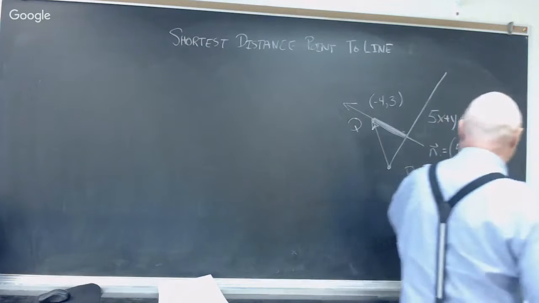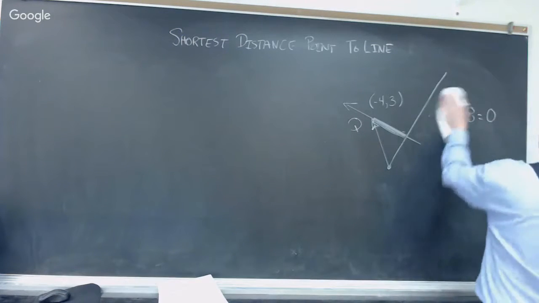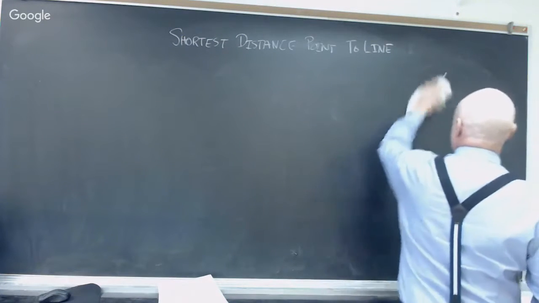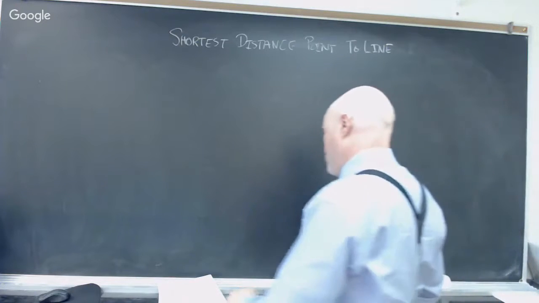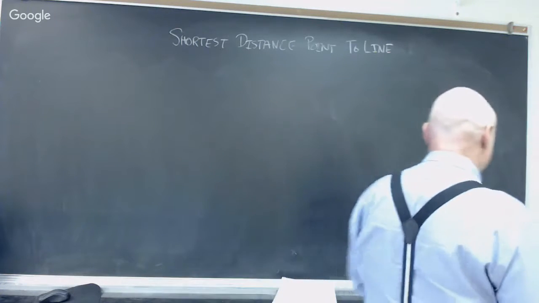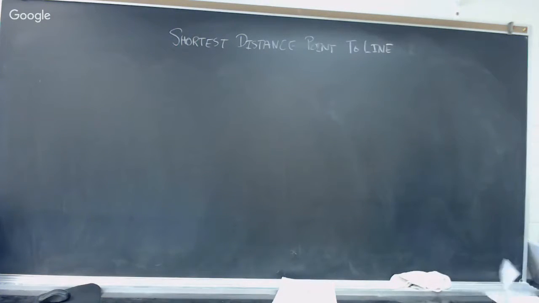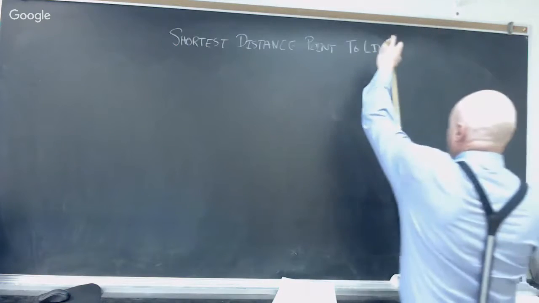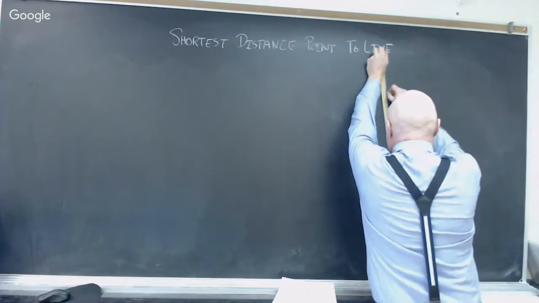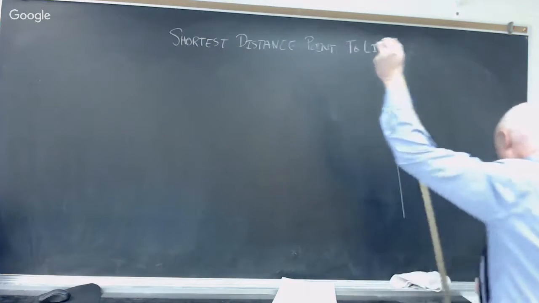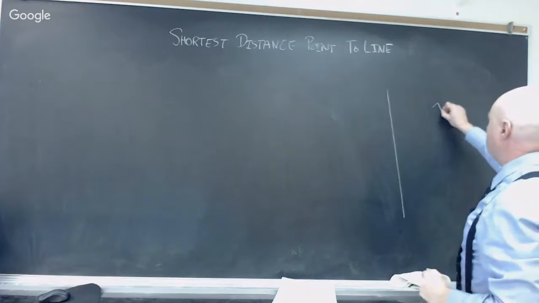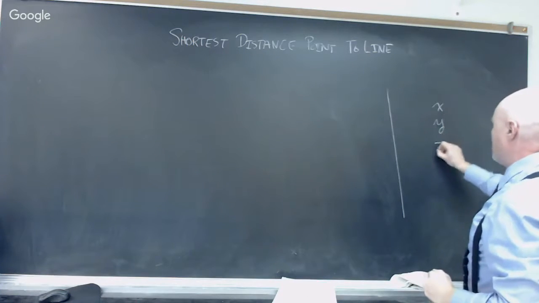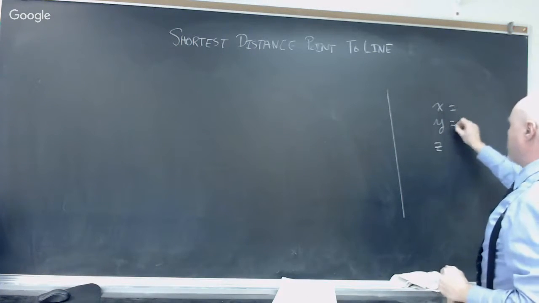So let's step this thing up. We're going to 3 dimensions where there are no good normal vectors. All the normal vectors in 3D are bad. Okay, so here we go. We have our line, and so our line is going to be given by x, y, and z.